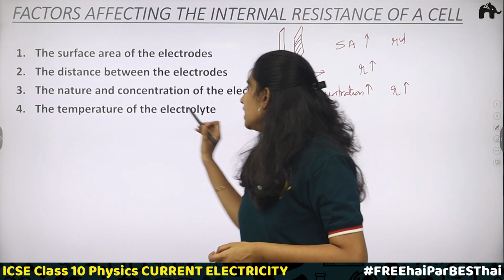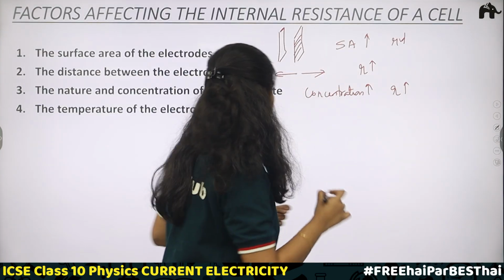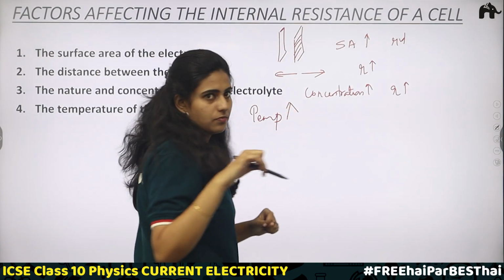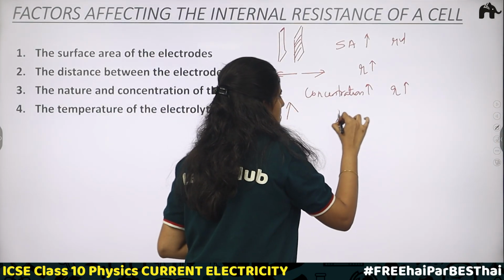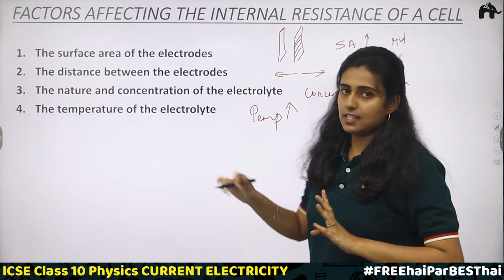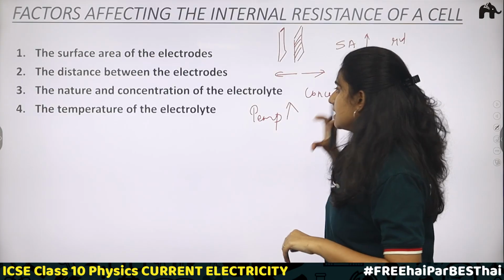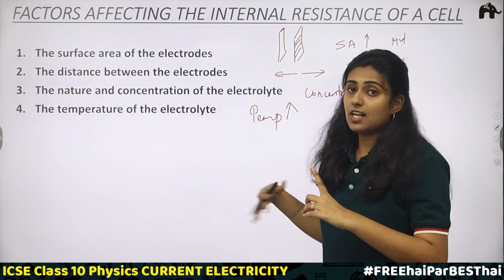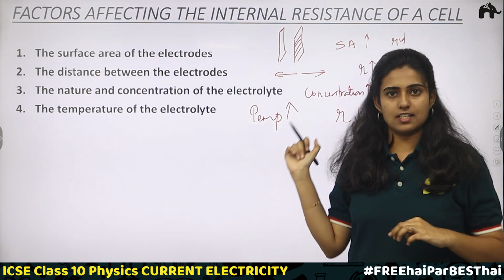Now the fourth one, the temperature of the electrolyte. When the temperature of the electrolyte increases, internal resistance is going to decrease. So in the first and fourth cases, when surface area increases, internal resistance decreases, and when the temperature of the electrolyte increases, internal resistance decreases.